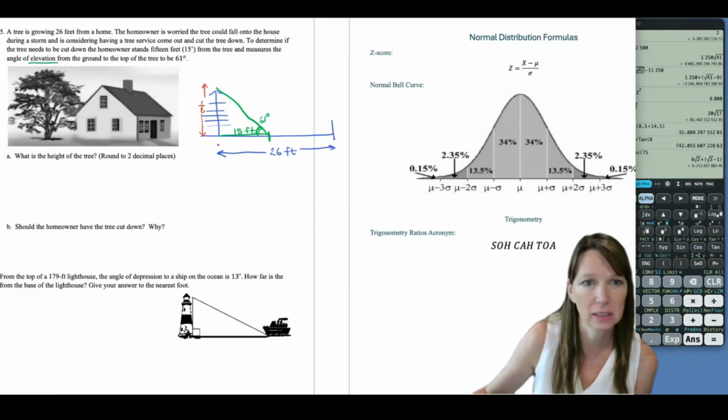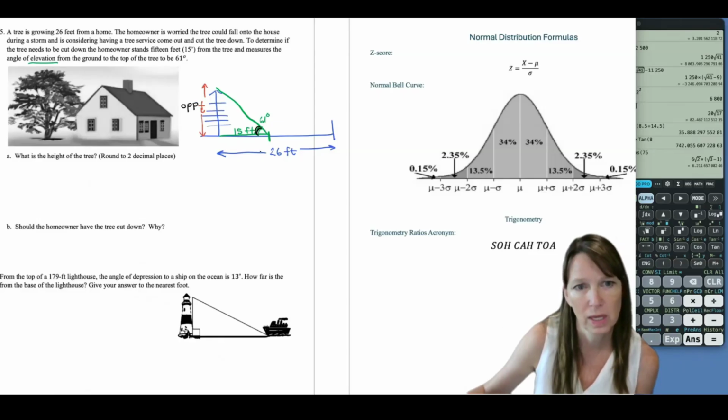So let's take this little triangle and label everything that we know. If we label it, we know that T is across from the angle that I just described. And so T is the opposite. And the 15 is the adjacent.